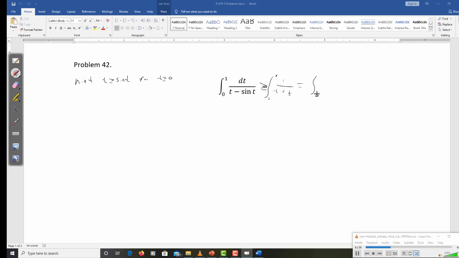So that's the integral from 0 to 1 of 1 over 2t, or 1/2 the integral from 0 to 1 of ln t.